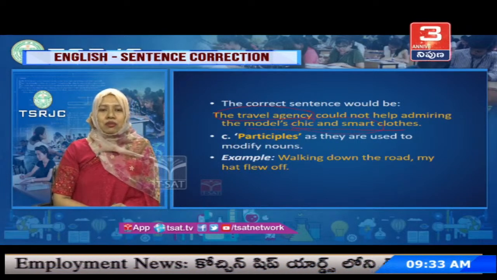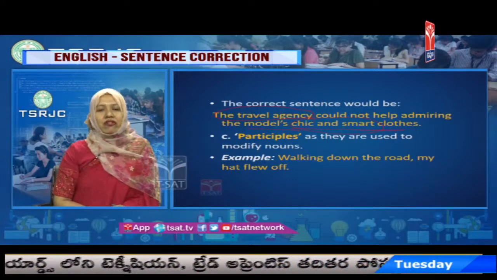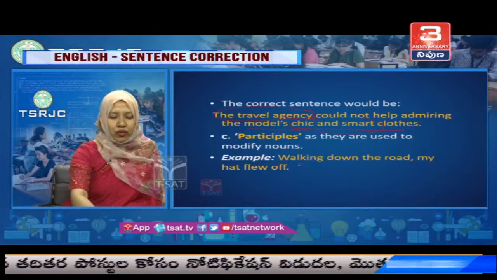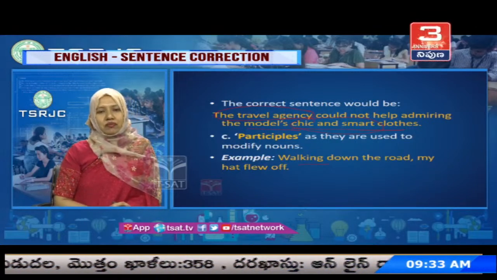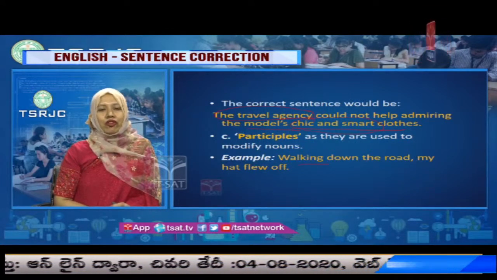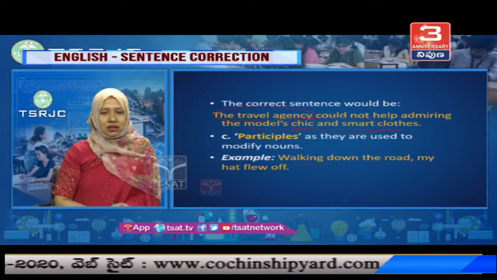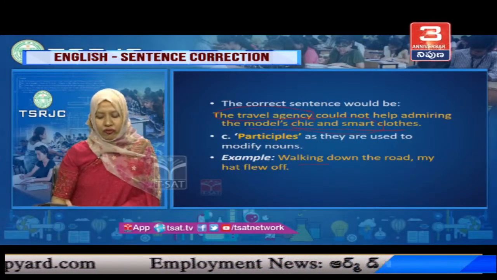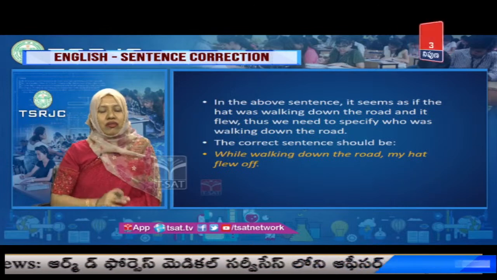Now, participles are also called gerund. If a sentence or a subject starts with ing form, it is called a participle or gerund. Walking down the road, my hat flew off. If you read this sentence, what does it mean?